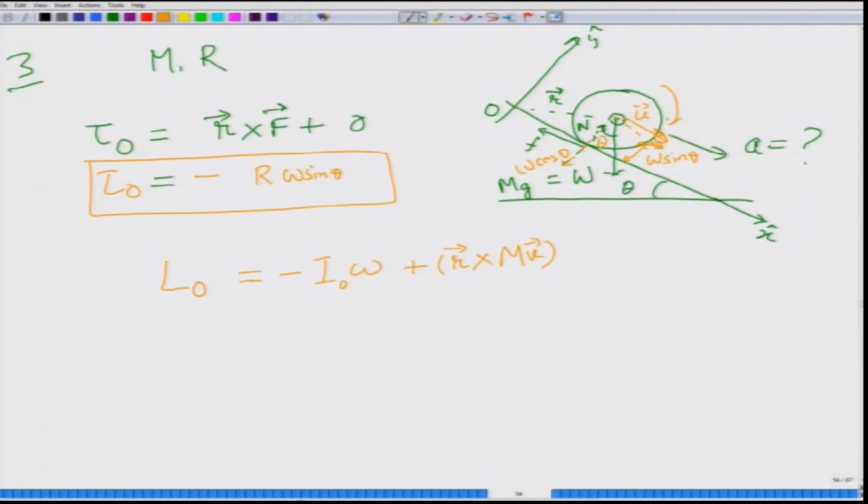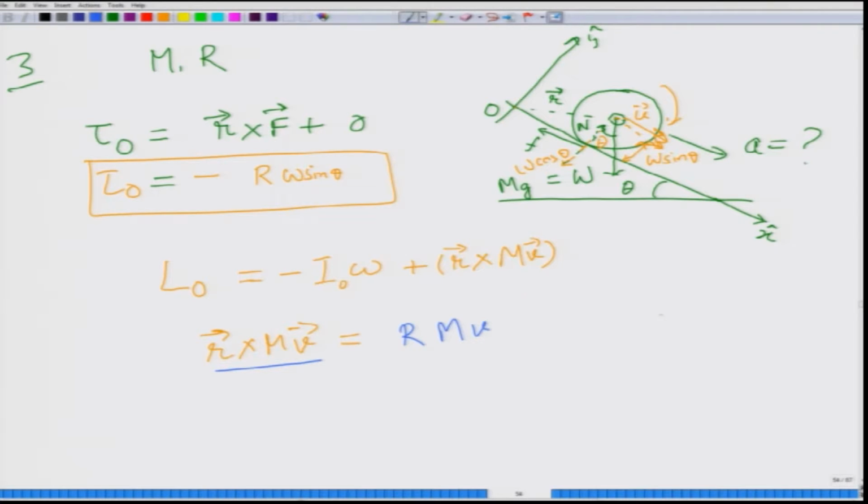Now we can calculate R cross mv. So this will give you a component along this, R times mass times v, and the other component will be 0.